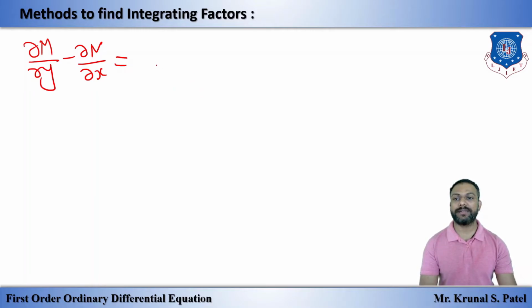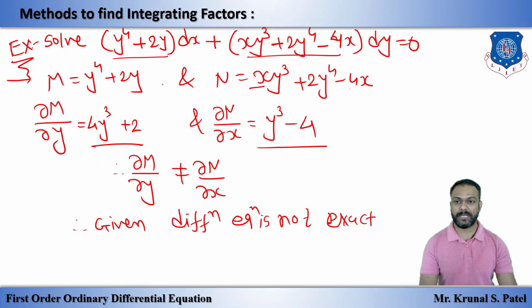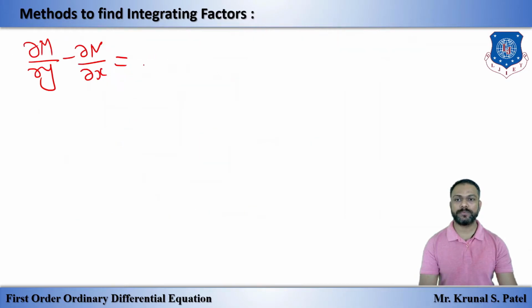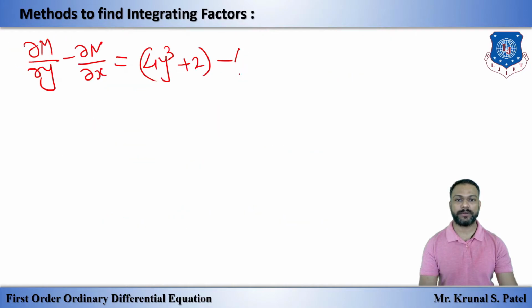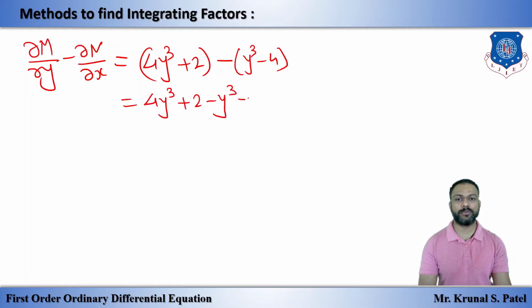So we have del m by del y is 4y cube plus 2 minus del n by del x is y cube minus 4. So by expanding this bracket, 4y cube plus 2 minus y cube plus 4. So we have 3y cube plus 6.